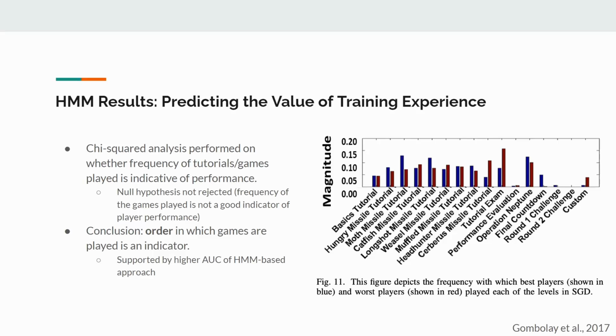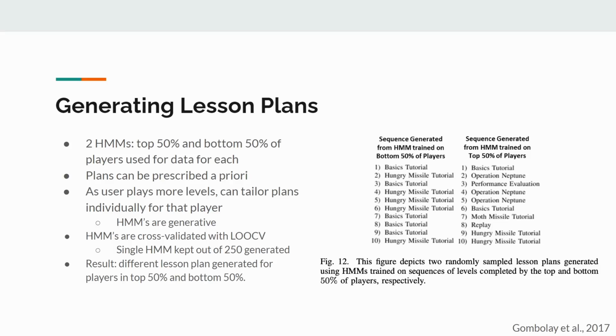This is more of a visual indication, but after a statistical analysis, the null hypothesis is not rejected, which means that the frequency of games played is not a good indicator of player performance. Thus, the order in which the games are played is a significant indicator, at least according to the paper. This is supported by the AUC of the HMM-based approach being higher than the AUC of the original predict player performance approach.